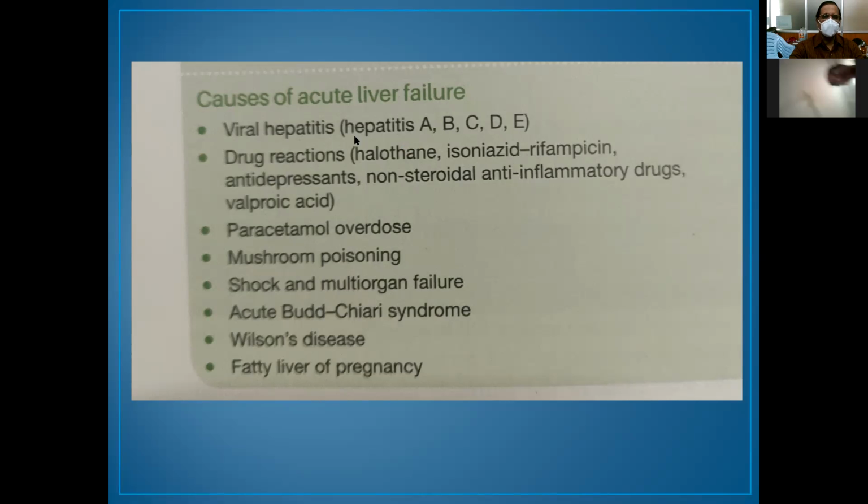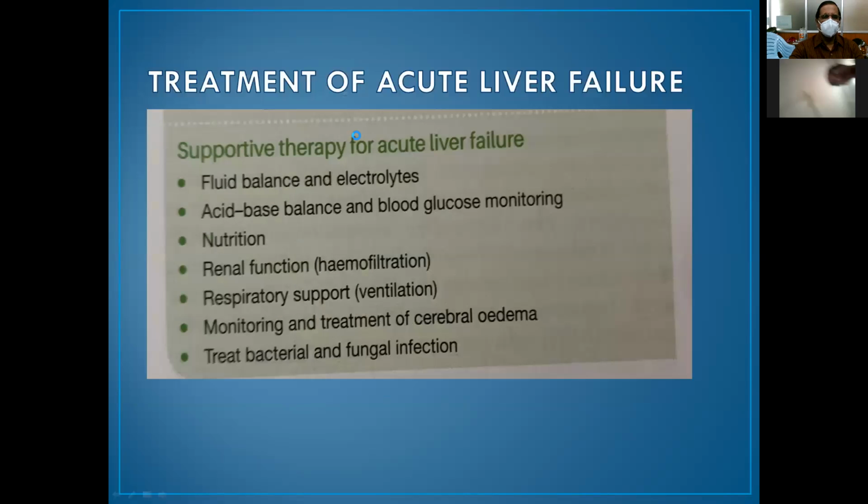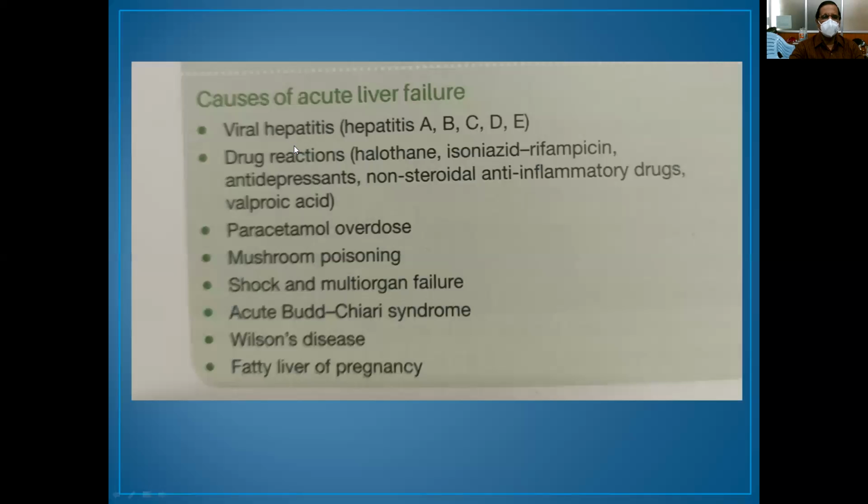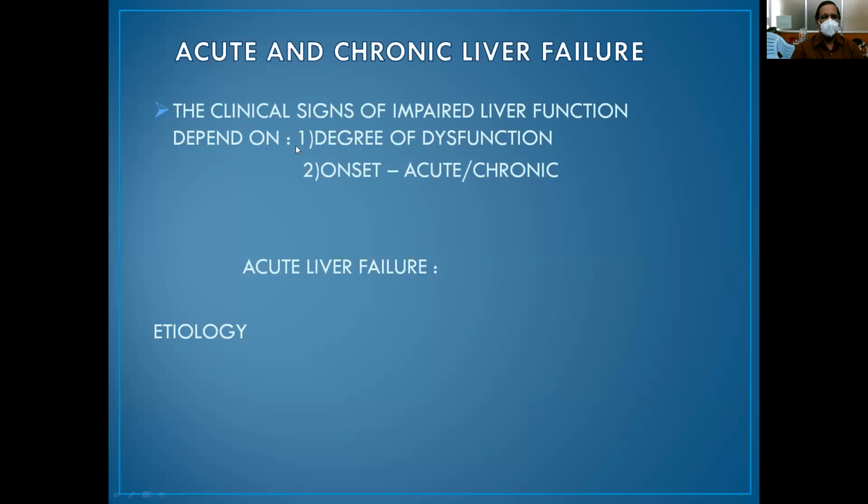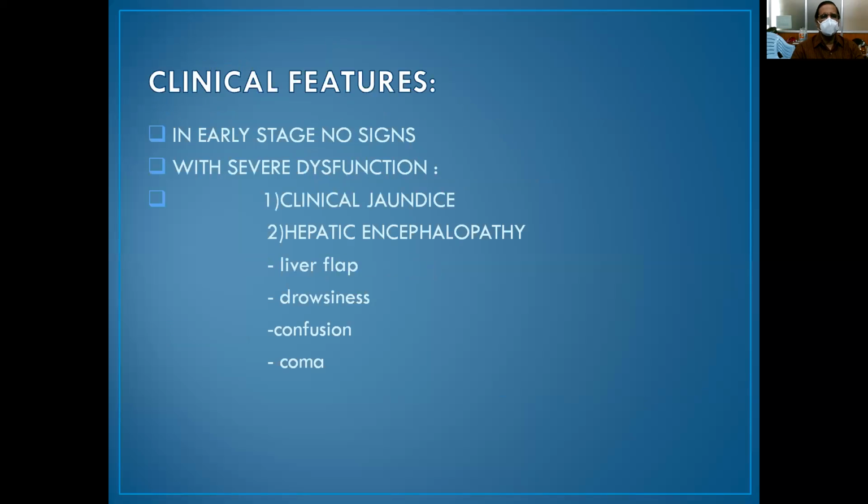And what are the clinical features of acute liver failure? In early stages, there are no signs at all. But with severe dysfunction, as I already told, all liver function tests become abnormal only when 70% of the liver tissue gets damaged. So liver is one organ which contains a lot of reserve.